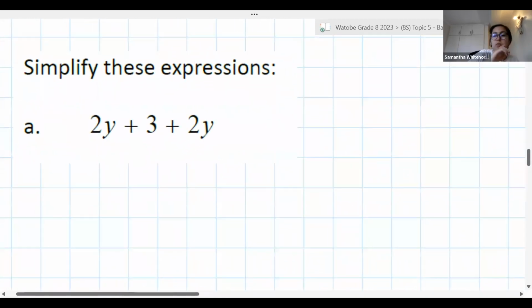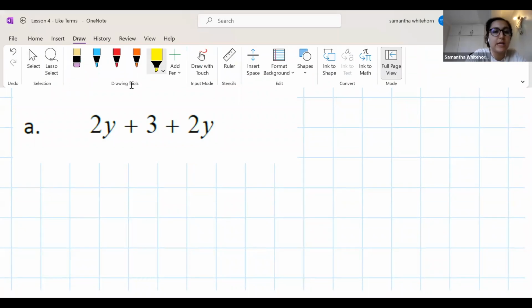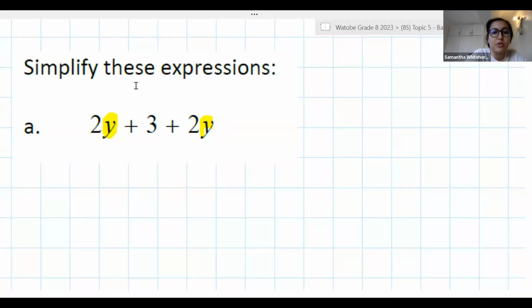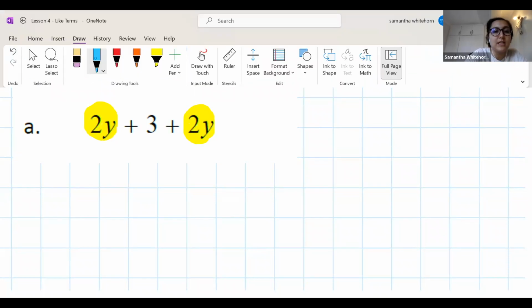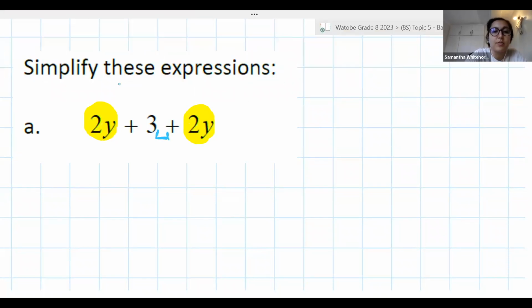And these are a little bit more challenging because what we have here now are terms that aren't necessarily all like terms. So I'm going to do the first one with you because this is leading on from some of the questions we had earlier. We can see that in the first term, I've got a y, and in the third term, I've got a y. Now, the exponents are the same, which means that plus 2y and plus 2y are like terms. But what I need to notice is that in this middle term, I don't have a variable.